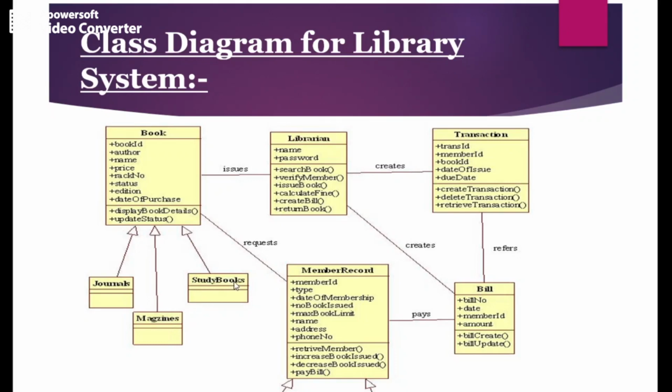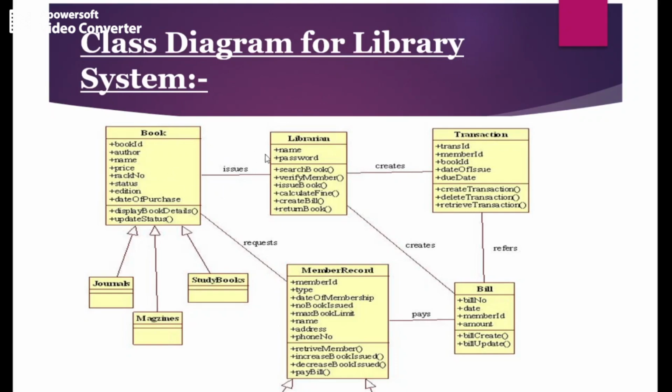Many classes are there, and you know that you have the attributes for your class, also the methods for your class, and also you have to show the association between each class. So here you can see book. What are the attributes? Book ID, author, name, price, all those.